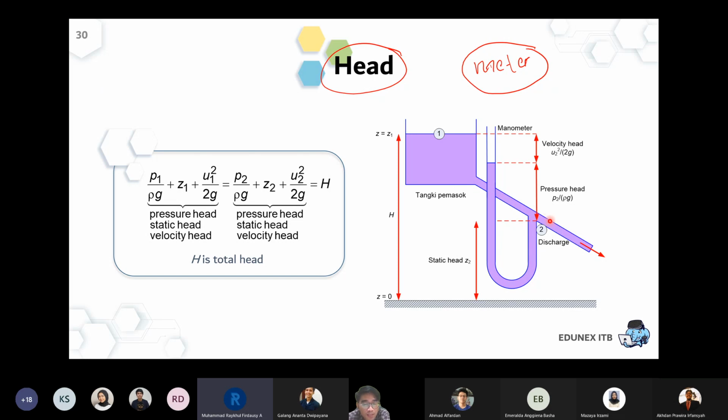Okay. Then at point 2, the pipeline is connected to what we call manometers, the U-shaped tube. So some water will flow into this one until it reaches the static condition, and the head will be this one.